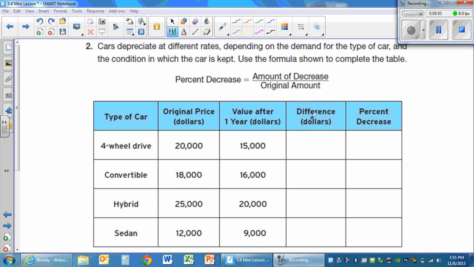Again, difference here, so we're going to subtract. 20,000 minus 15,000 gives us 5,000. Then we need to take the amount of decrease, which again is 5,000, and divide it by the original amount, 20,000.